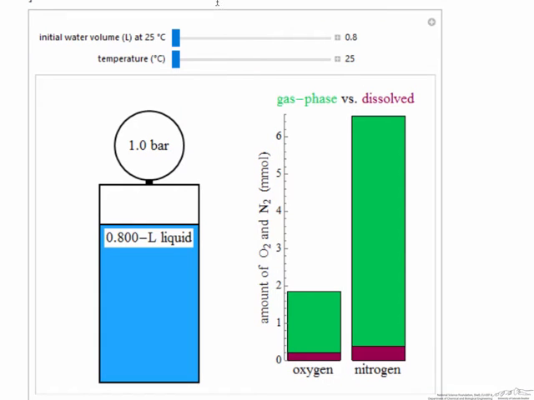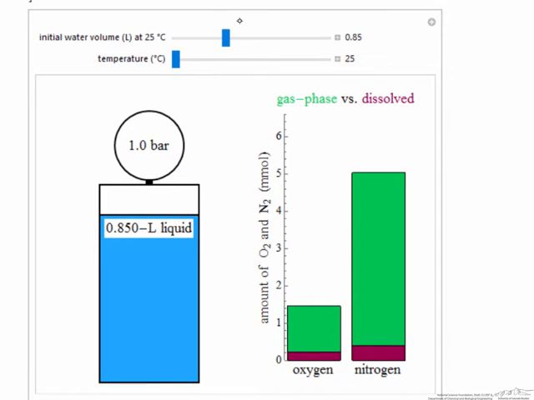So here's the simulation, and let's start by saying we have 85% of the container filled with liquid water, and then above it is air and water vapor, and we're at 1 bar and 25 degrees. Then what we do in the simulation is we raise the temperature. We observe first that the volume of the liquid is increasing because liquid water expands when heated.